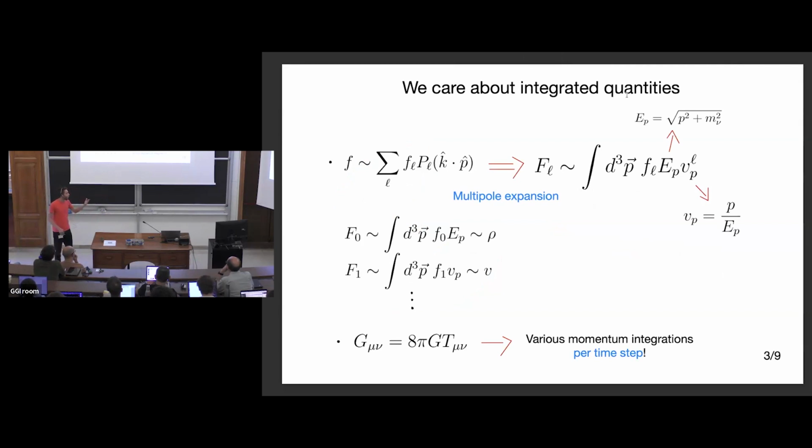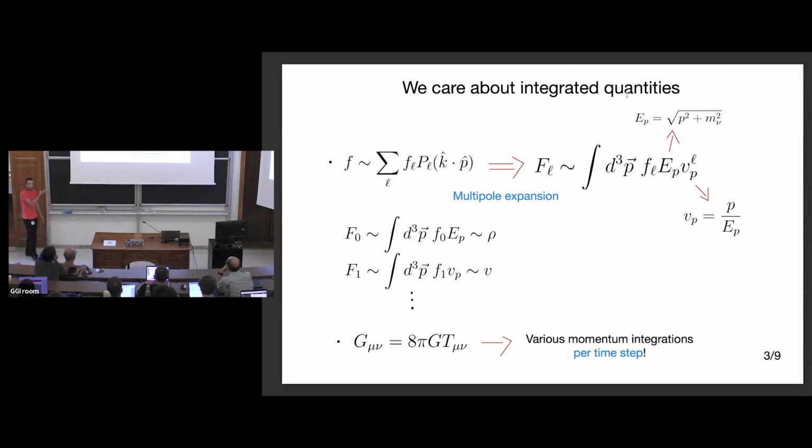And you can write the integrated quantities, the things that you actually care about, as integrals of these multipoles times the energy of the particle times velocity to the power of the multipole. And just to exemplify, if you set L equals 0, you get the density, velocity, shear stress, and so on. Those are the things you care about because those are the things that actually couple to Einstein's equations.